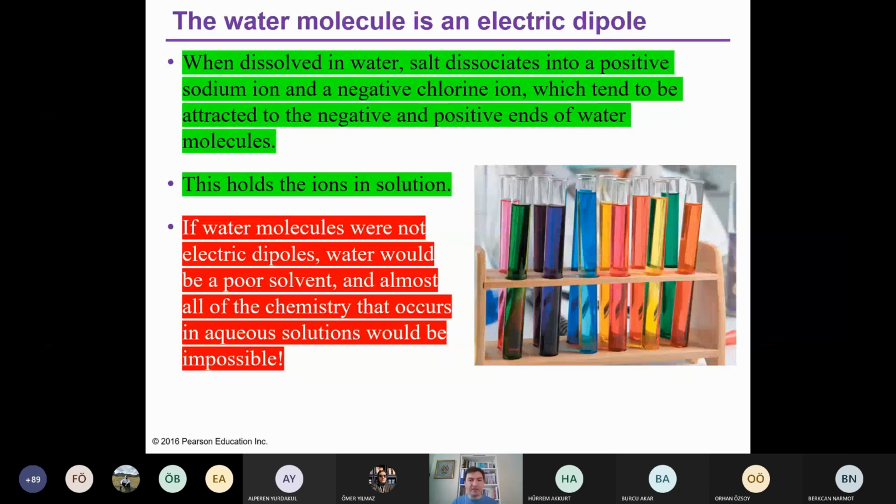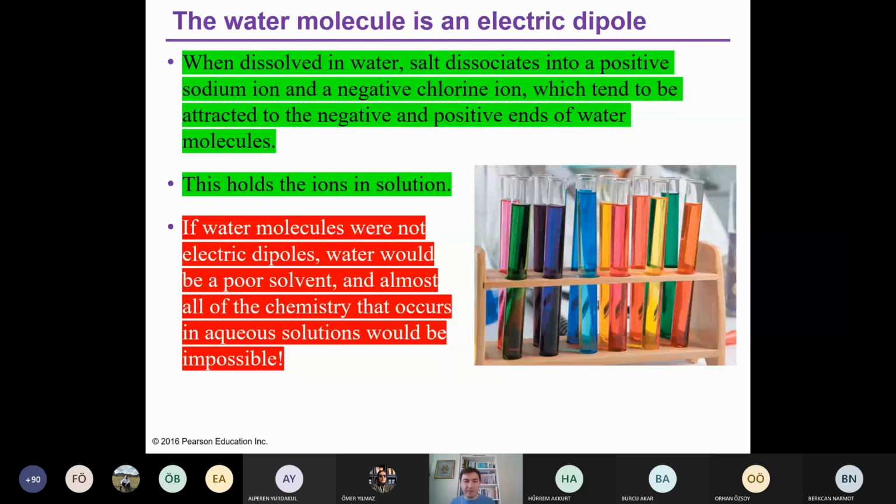Now let me continue with the property of water. As we have discussed, water is a very good solvent. The water can dissolve materials and keep the solution more or less constant for a long time, so we can use aqueous solutions. How could it be possible?